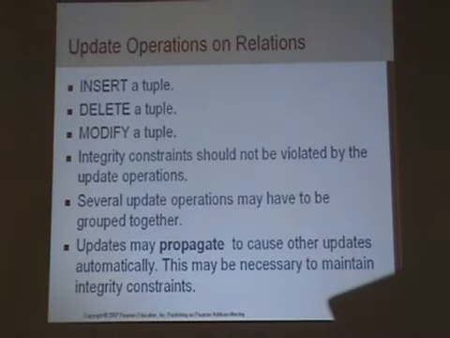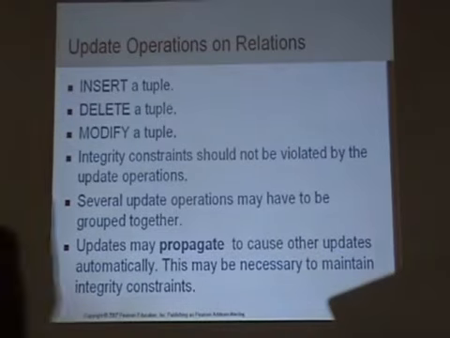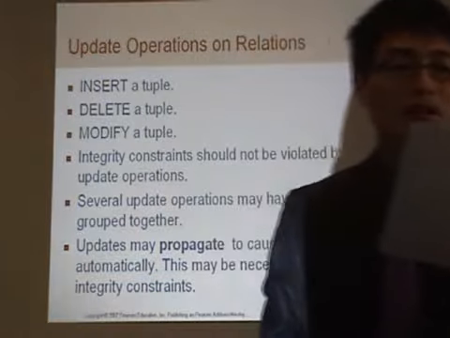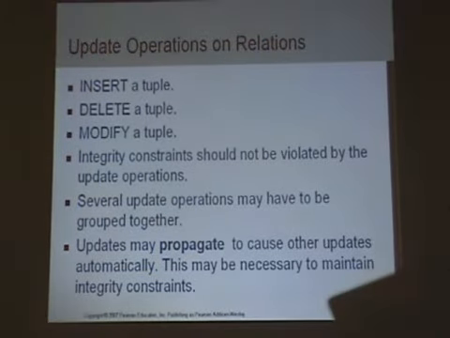In this quiz, we have the database schema for a car sales system: a car relation, option relation, sale relation, salesperson relation. Each of them has the primary key, which is underlined.